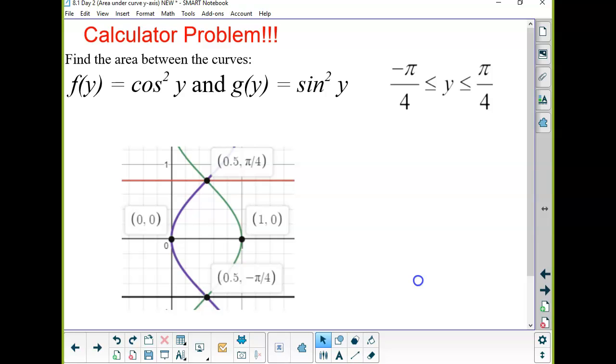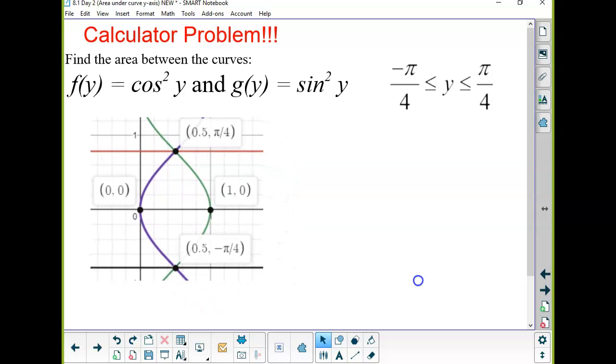So find the area between the curves f and g, but notice how it's not f of x, it's f of y, and it's g of y. That's a sign that tells you everything's written in terms of y right now. So I'm going to shift my thinking, instead of vertically, let's think horizontally. We're going to think of it in terms of the y values.